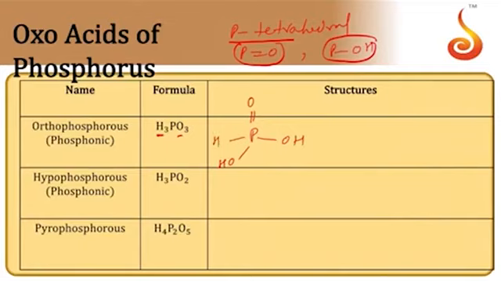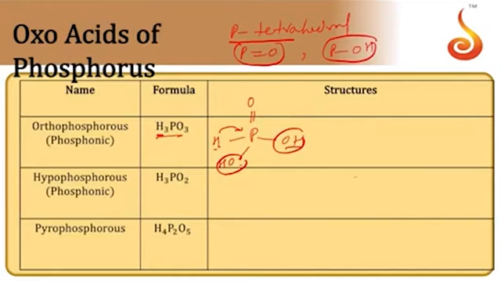So phosphorous acid has two OH groups and one hydrogen. The hydrogen bonded to phosphorus is responsible for the reducing property of the molecule, while the OH groups are responsible for the acidic properties. The basicity of this acid is only 2 because we have only 2 OH groups.